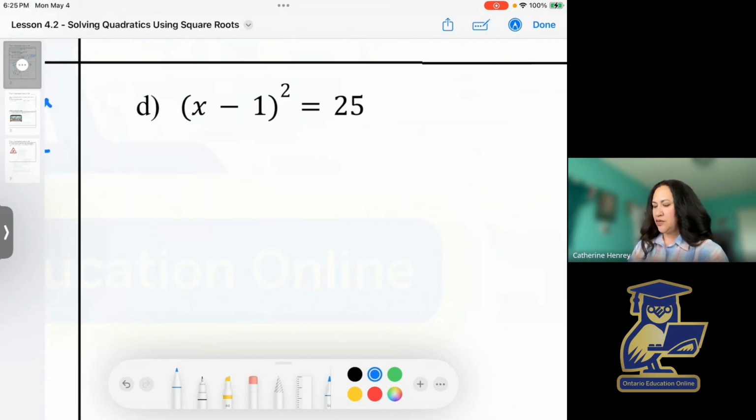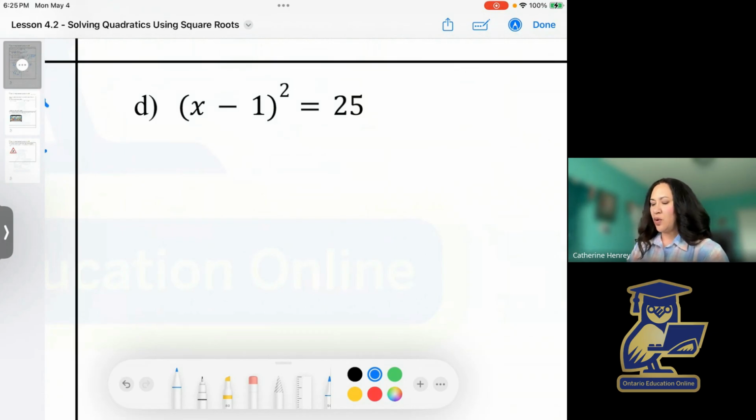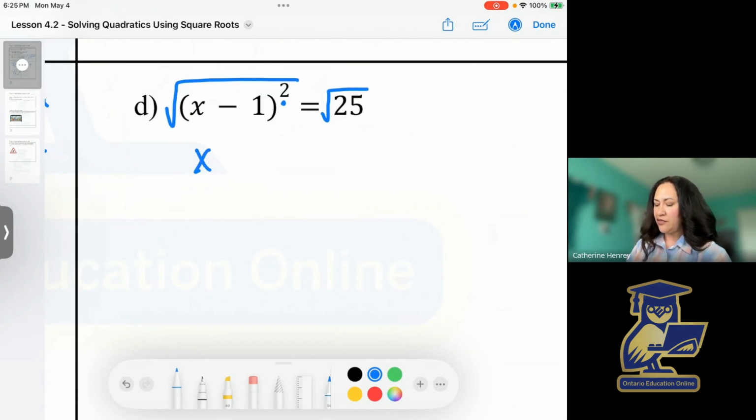All right, so here's a different example. We have x minus 1 all squared equals 25. And in this case, we want to square root first, right? We have to undo the squared sign here. So I take the square root of all of it, and I take the square root of the 25 on the right side. So on the left, it clears out that squared, and I'm left with x minus 1. On the right side, the square root of 25 is plus or minus 5.